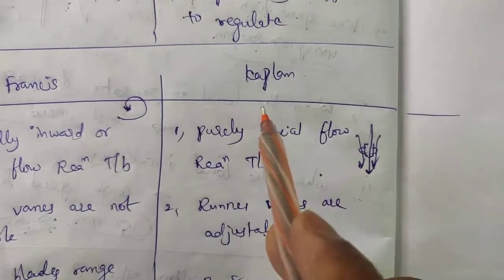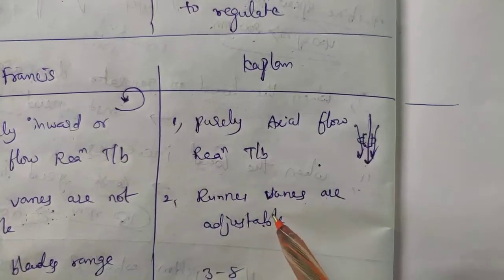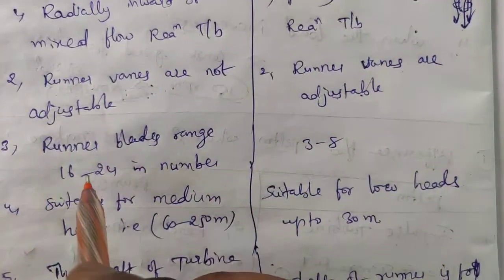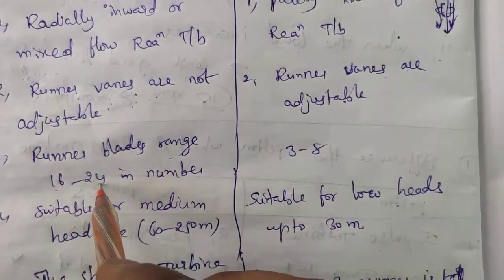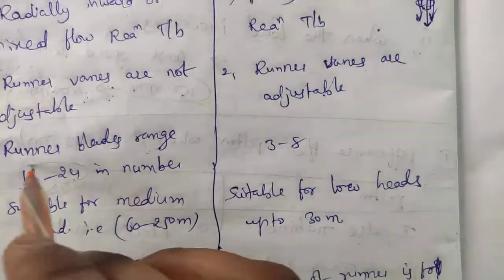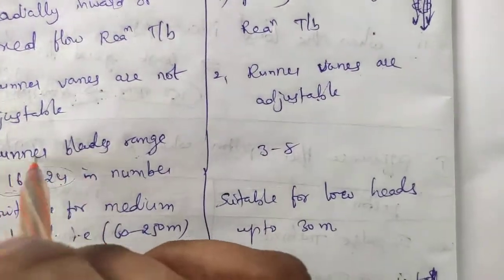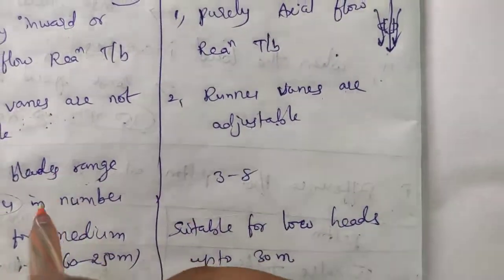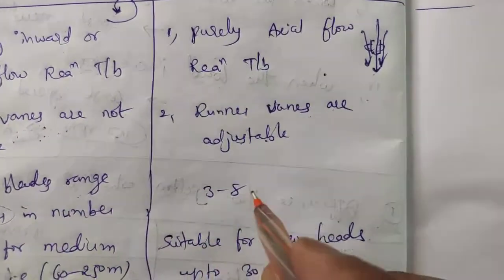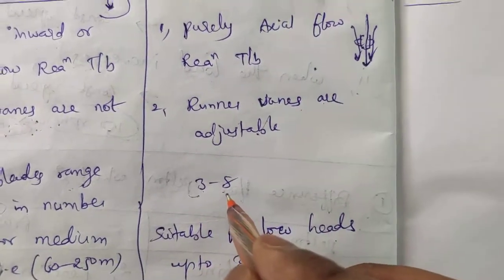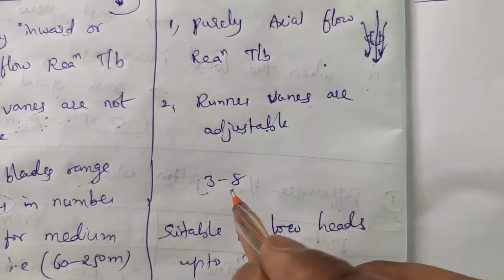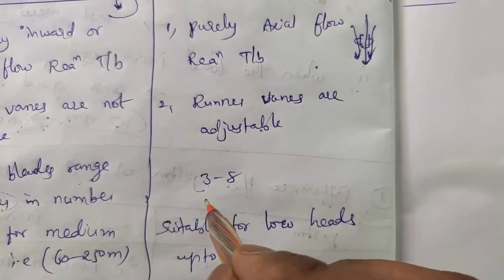Why? Because in Kaplan turbine we don't use guide vanes. Runner blades range is 16 to 24 in number. Around 16 to 24 blades are installed around the runner in the Pelton turbine. In the Francis turbine, there are only 3 to 8 blades fixed on the circumference of hub.